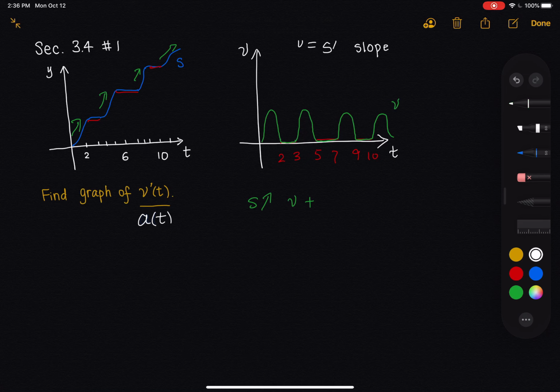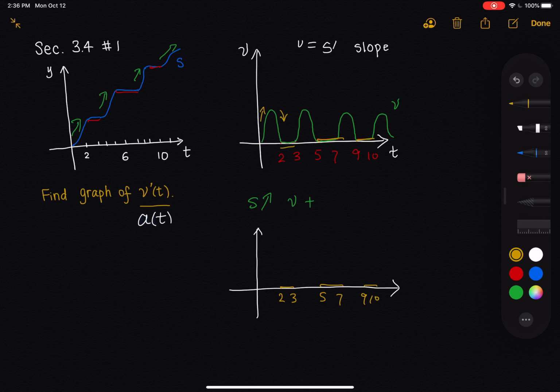The question is interested in the graph of v prime. And what is v prime? It's just acceleration. But we just need to use our knowledge of derivatives. In this case, we still observe where it's constant: from 2 to 3, 5 to 7, and 9 to 10. And it's increasing and then decreasing.